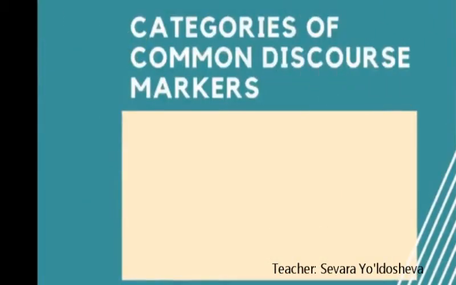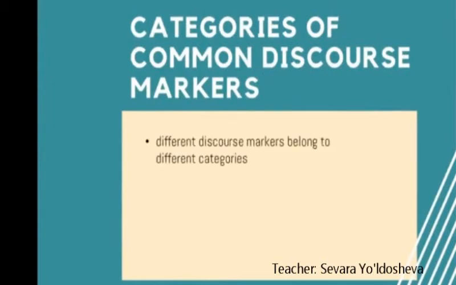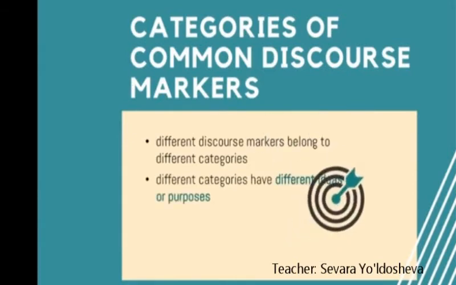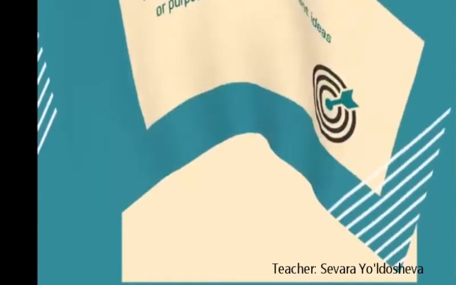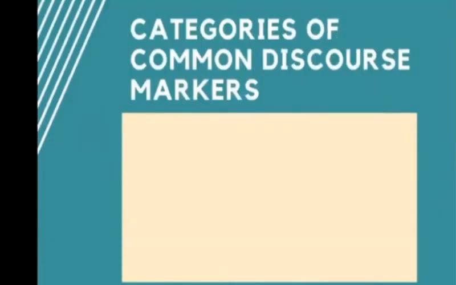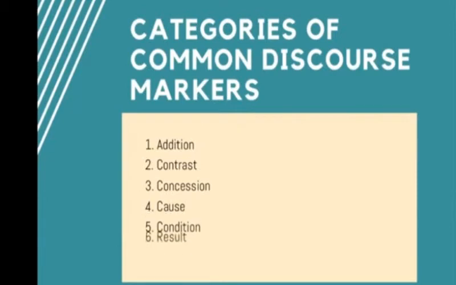There are different categories of discourse markers. Different discourse markers belong to different categories. These different categories have different ideas or purposes. We will be going over 6 different categories of common discourse markers, namely addition, contrast, concession, cause, condition, and result.